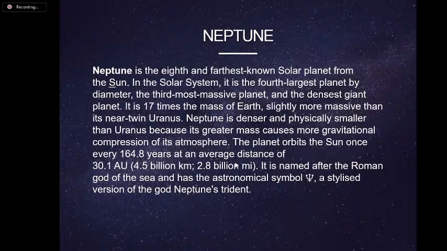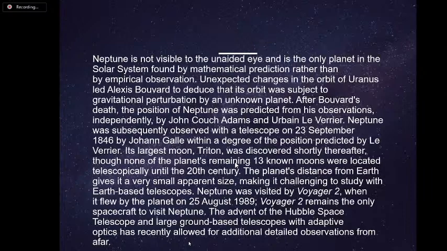It is named after the Roman god of the sea and has the astronomical symbol like this one, a stylized version of the god Neptune's trident. Neptune is not visible to the unaided eye and is the only planet in the solar system found by mathematical prediction rather than by empirical observation.